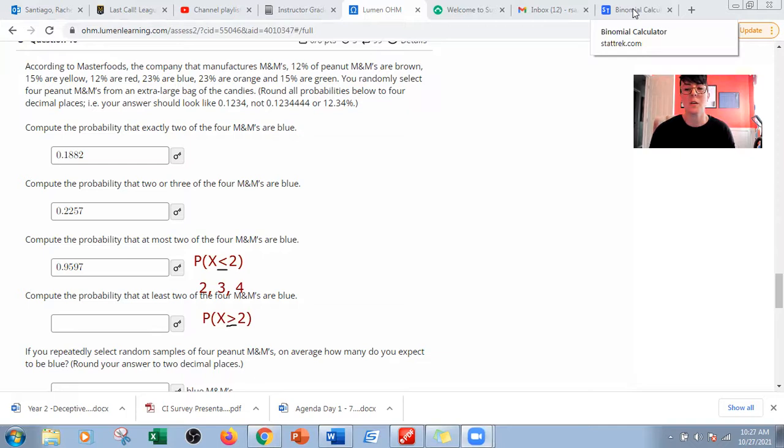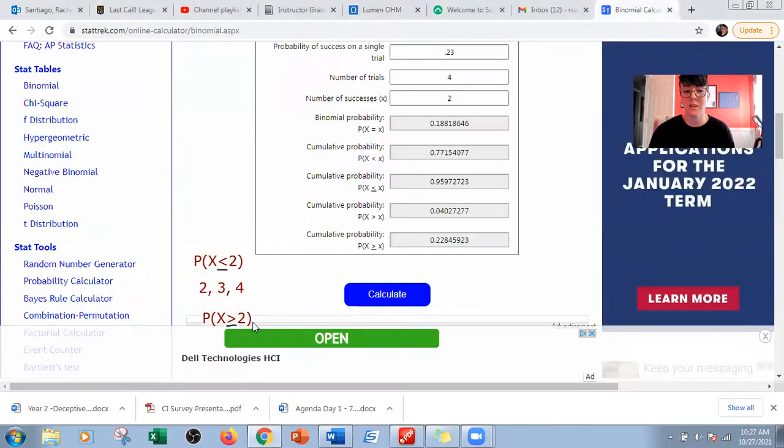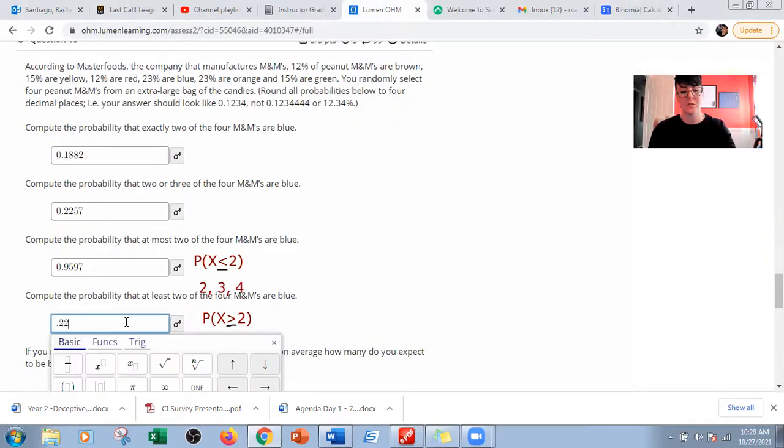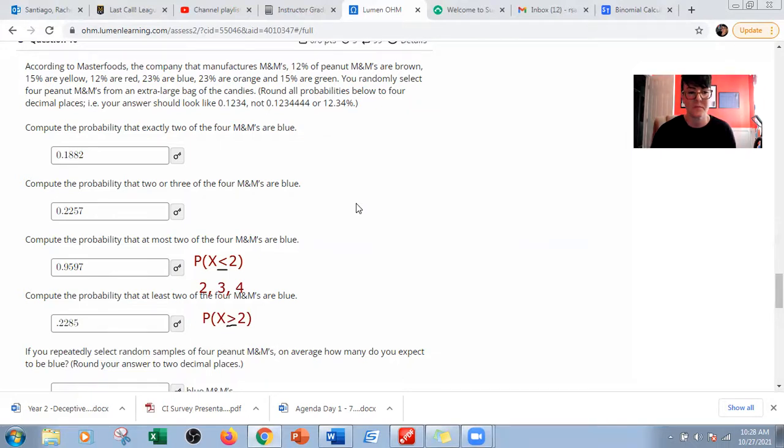So we're looking for the probability that X is greater than or equal to 2. Look through all of these, you'll see that it's at the very bottom. The probability that X is greater than or equal to 2 is 0.2285. We're going to round 0.2285. Excellent.